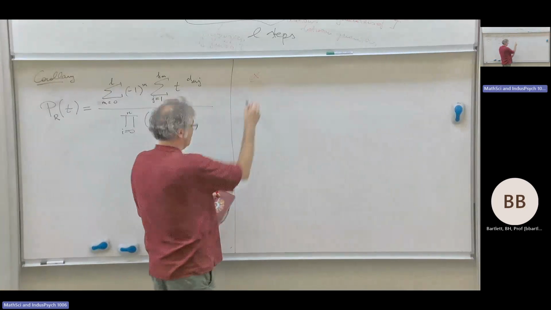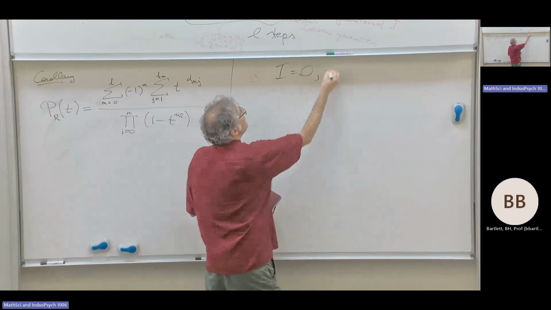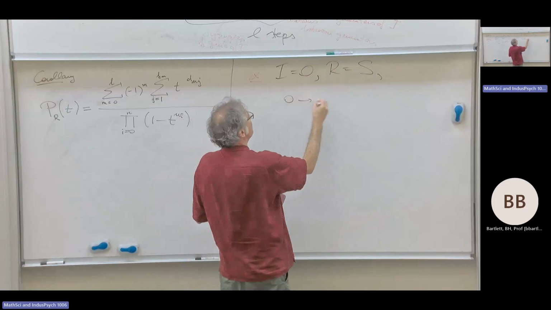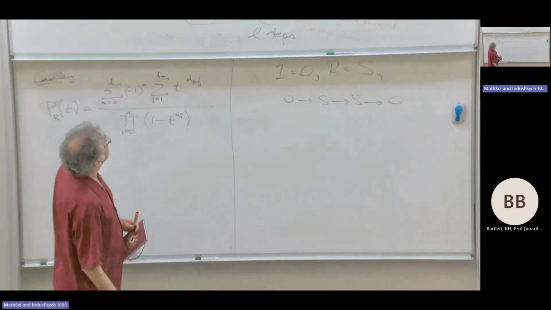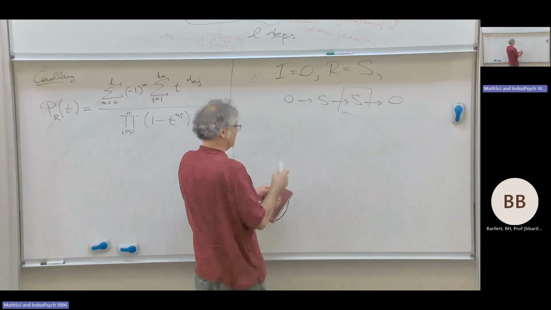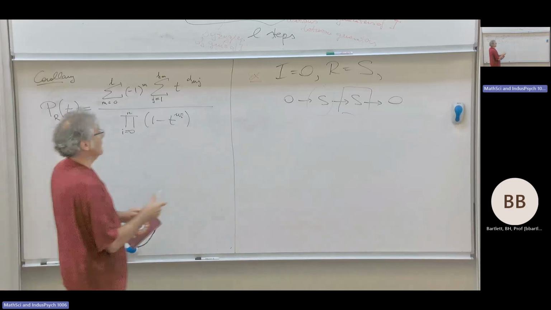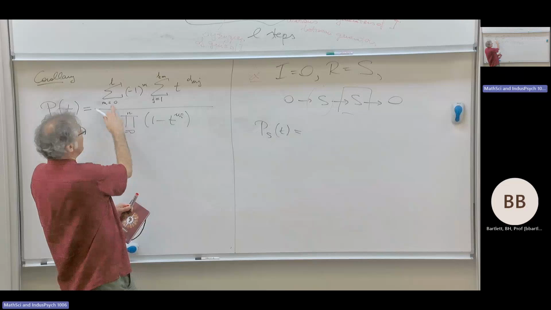So one trivial example of this, of course, is when I equals 0, R equals S, and this resolution is just 0 goes to S, goes to S, goes to 0. So this is the R part, and then this is the S part. And then P_S of t, we only have the m equals 0 term.